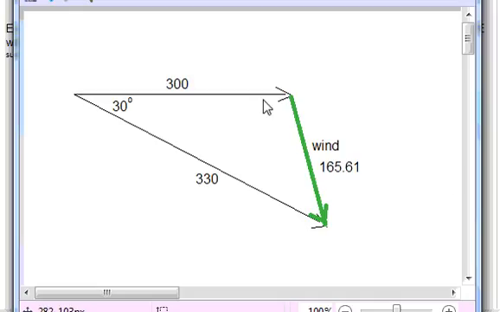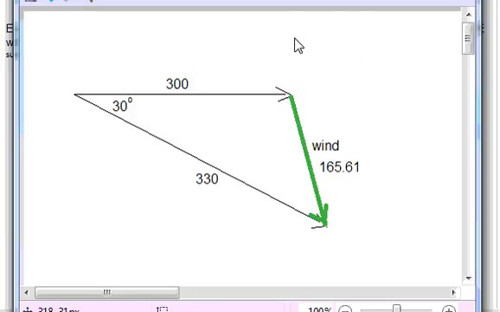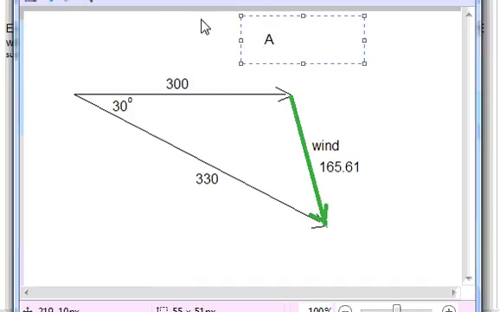But that means I need this angle here. I don't know what else to call it, so let me call it angle A. And so here's our angle A.